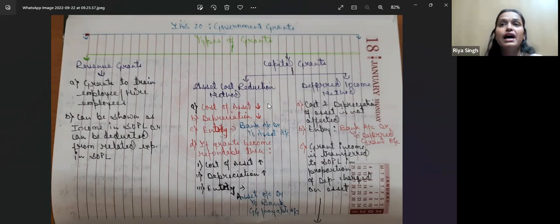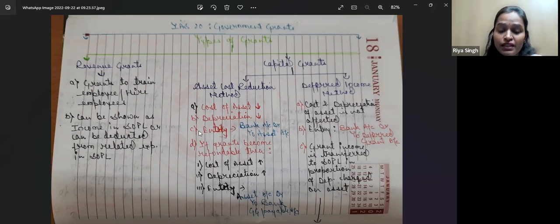For example, if we have purchased one machinery which cost rupees 1 lakh, and in that 1 lakh, 20,000 is given by the government as a grant, then if you are calculating it with the asset cost reduction method, you are going to deduct that grant from the cost of the asset. So the cost of the asset will be 80,000, 1 lakh minus 20,000. Your cost of the asset has decreased, and obviously your depreciation will also decrease.